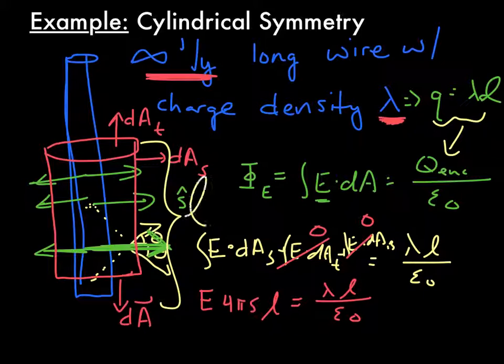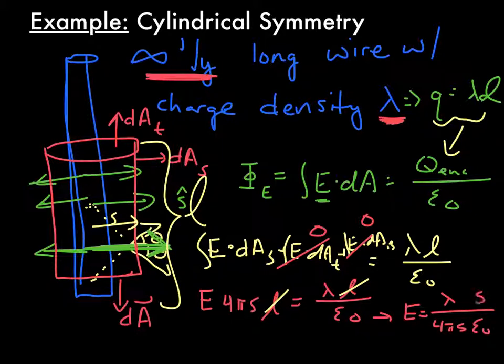Draw that in here. This is L. And this would be s. We'll notice that these L's go away, and you are left with E for an infinitely long cylinder equals lambda over 2 pi, how far you are away, epsilon naught, radially outward from the cylinder.